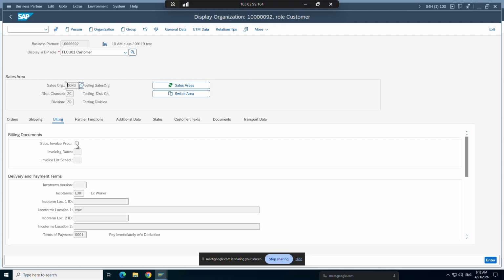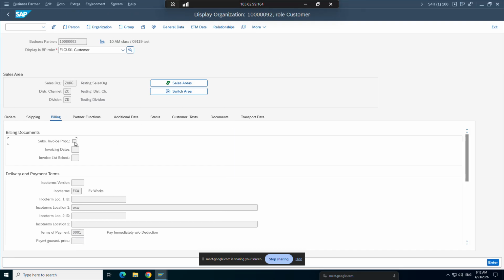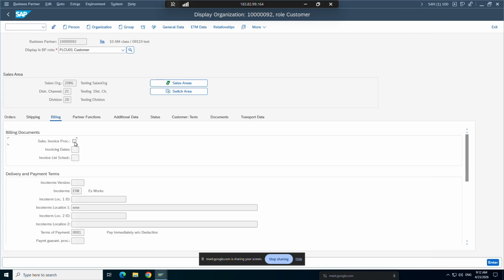This one, you see this checkbox, and also one more thing. In SAP, you can get help of any field or any menu. Let's say I want to see what this field is all about. Let's say I'm not remembering. You can always press F1. Let me see. This one.